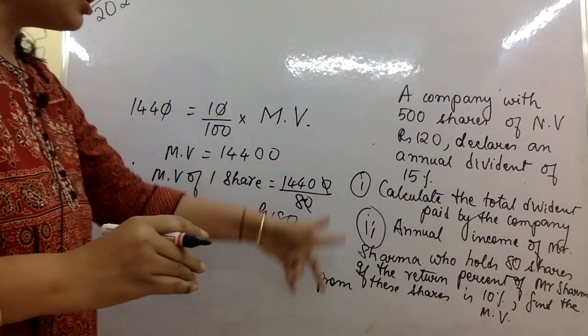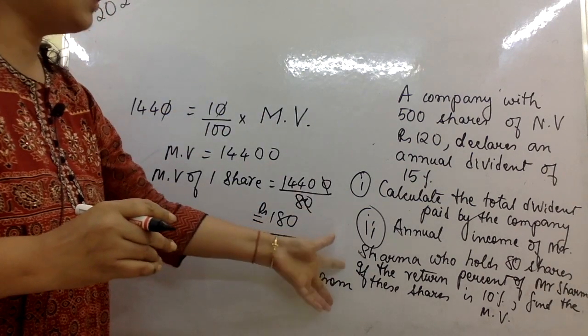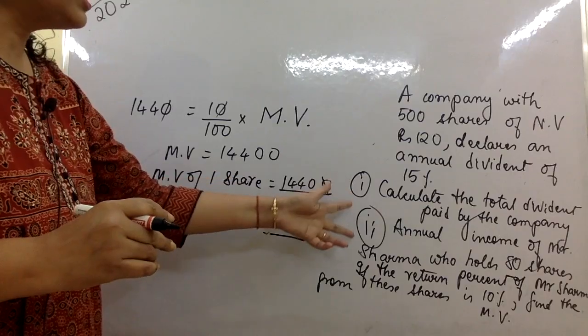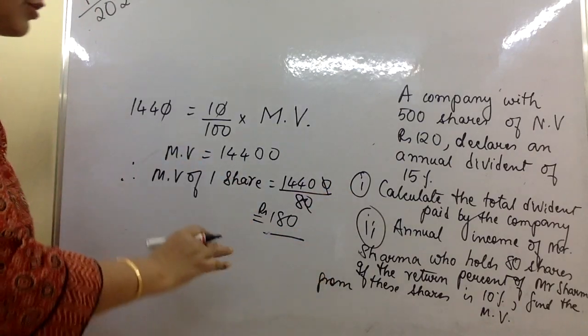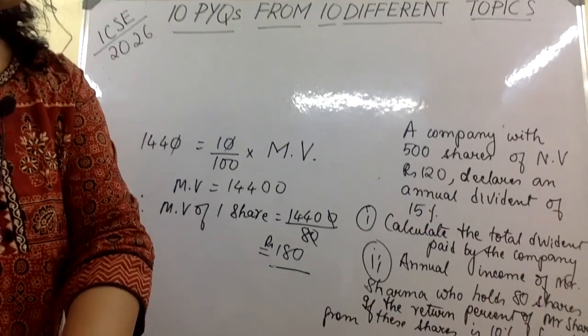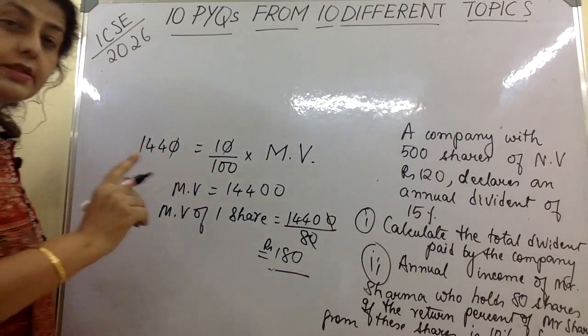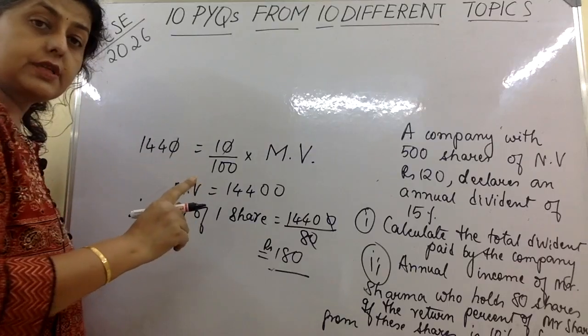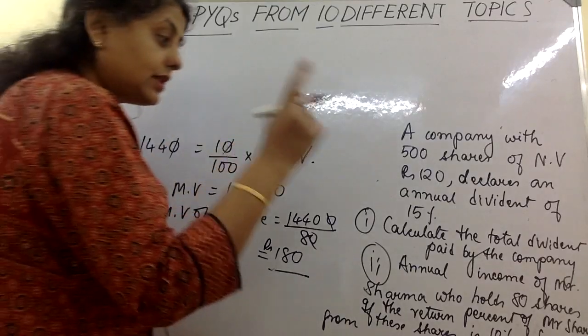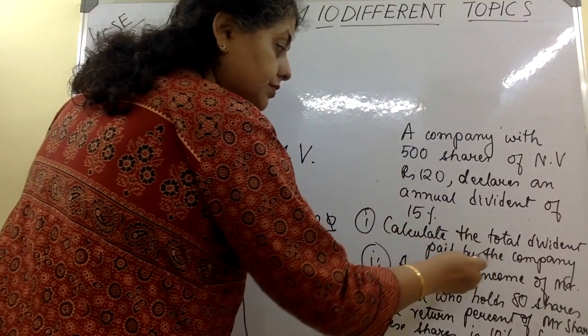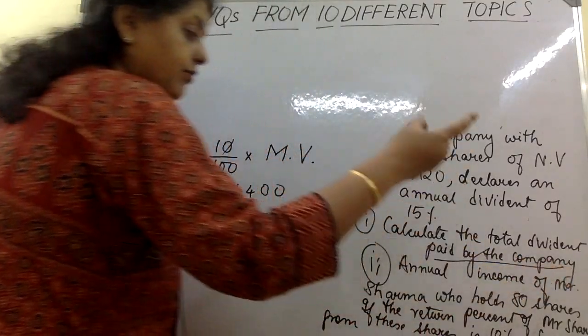So the sum was not difficult. What was difficult was this part. Till here you will get it very easily. Now one thing I want to tell: in this chapter, shares and dividends, the language is very important. Something like "paid by the company" is important.